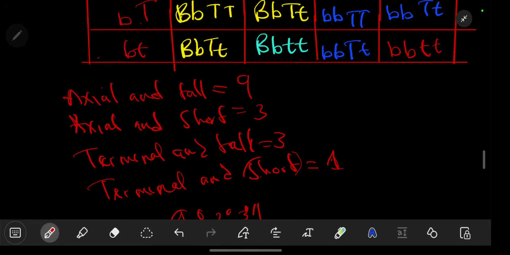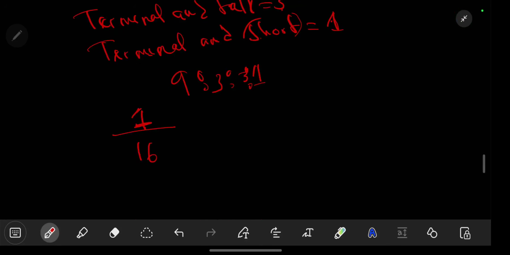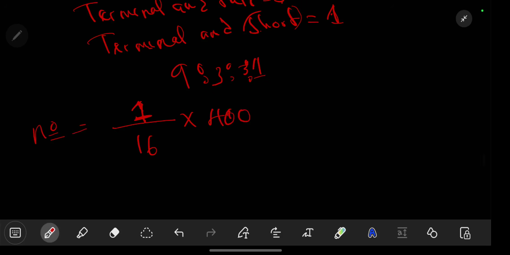Even if you add this 1 plus 3 is 4 plus 3 is 7. 7 plus 9 will give you 16. So we have 1 over 16. Then just multiply 1 over 16 times the total number. So the total number in this case is 400.